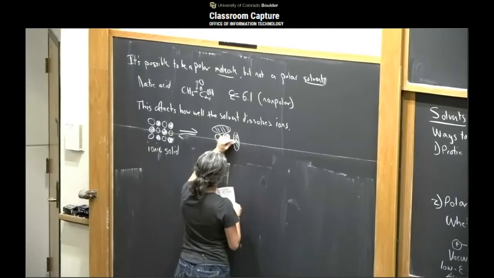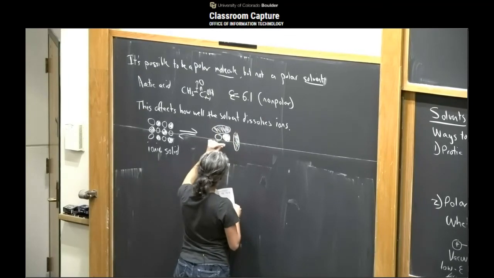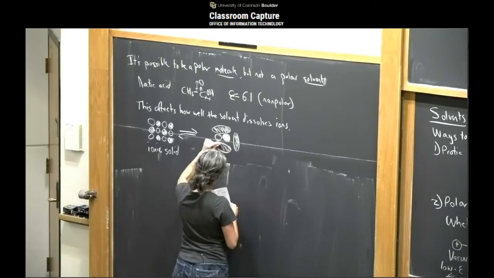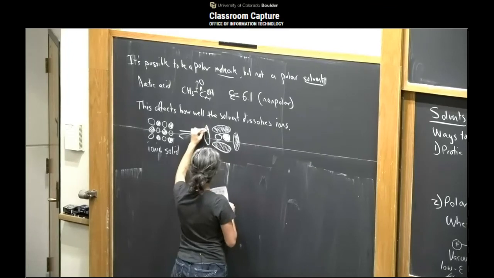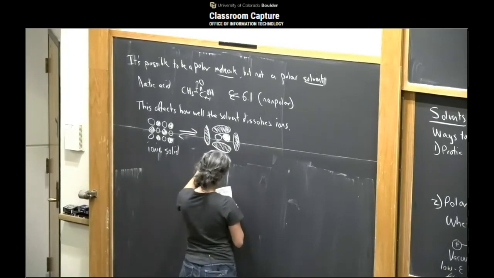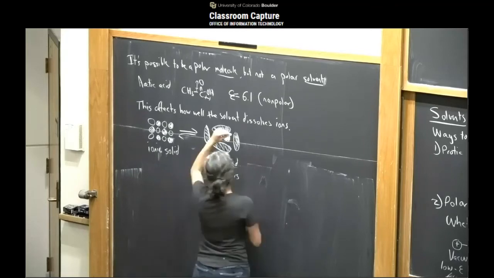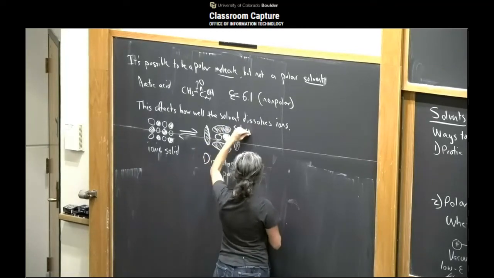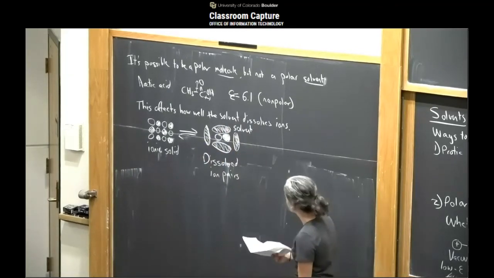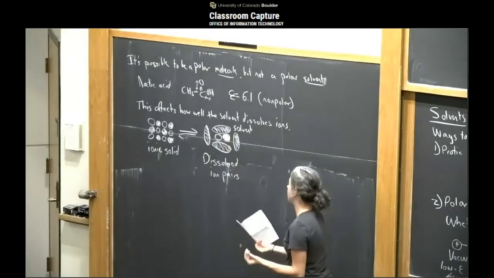let me draw these slightly shaded ovals. So this is called dissolved ion pairs. Initially, you're keeping the positive and the negative charges together.